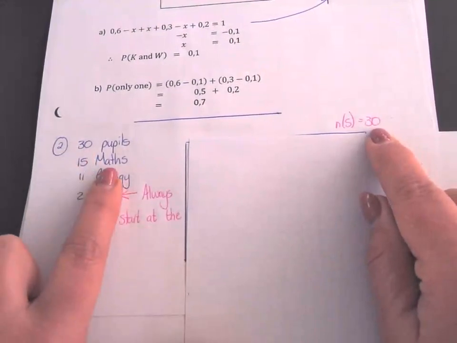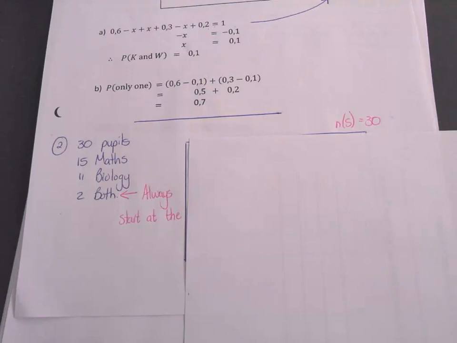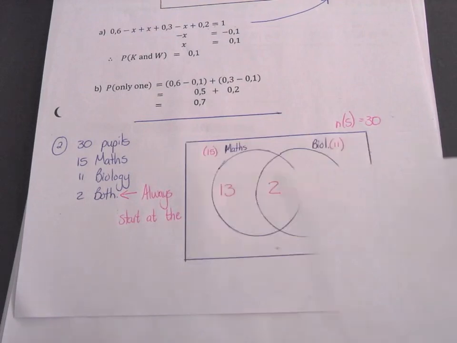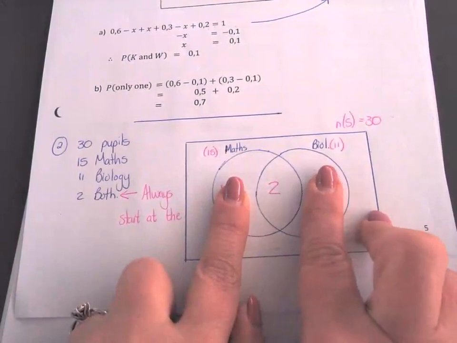We have maths and biology, so two circles. I tell you how many do maths, how many do biology, and how many do both. You always start with the center, so you start with 2 in the middle.